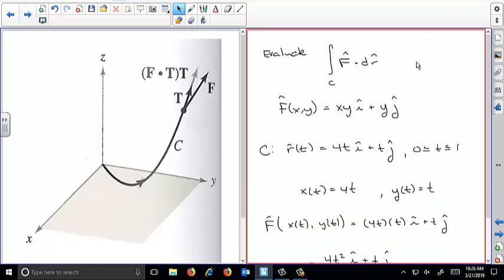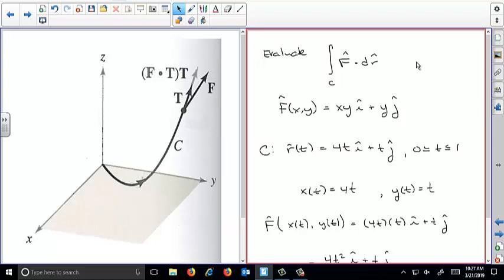Okay, so let's just do a problem. It says integrate the force vector along this path. The force vector, we're just going to do a two-dimensional version here, is going to be xy i plus y j. It's not parameterized yet; it's just a vector field.